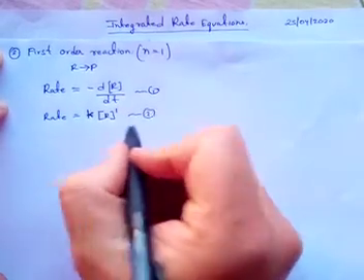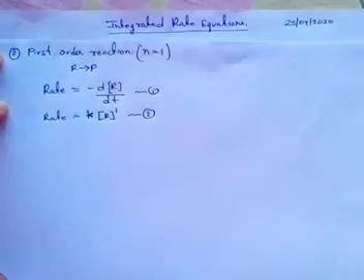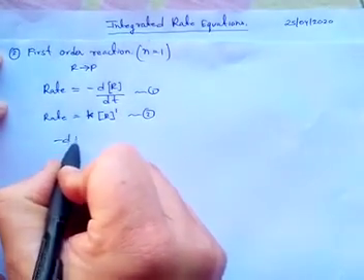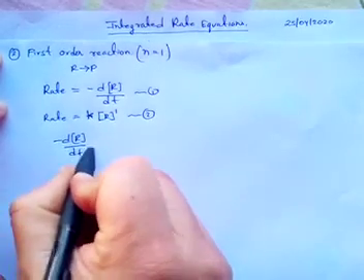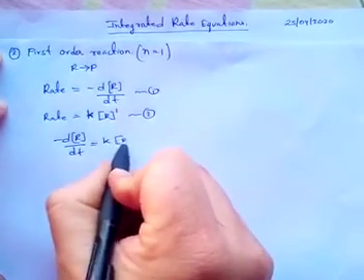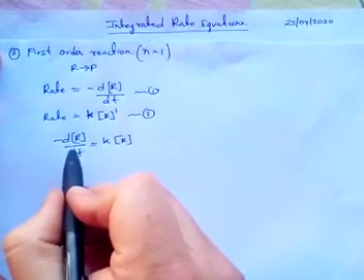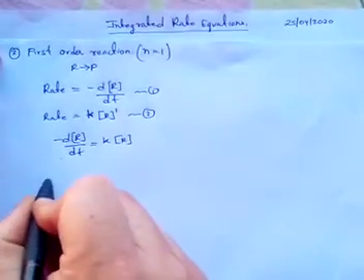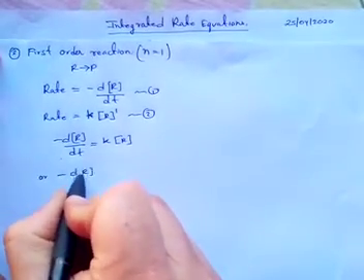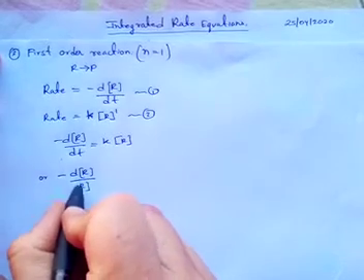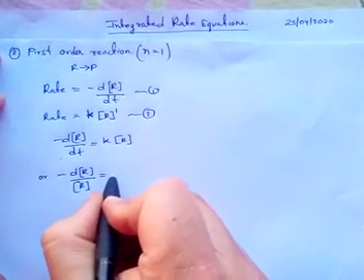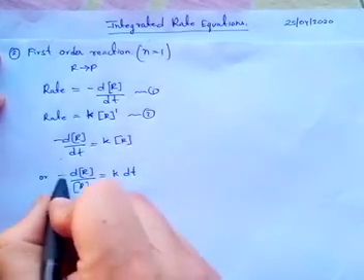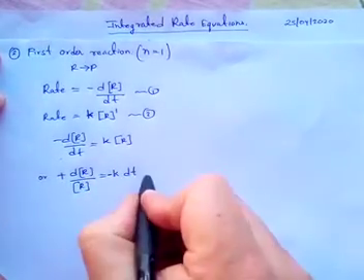So equation 2. Now we're comparing equation 1 and equation 2. We get minus dR by dt is equal to kR, right? Since this is a perfect differential, we can take dt to this side and put R here. So minus dR by R is equal to k dt, and we take this negative here also. So equation 3.